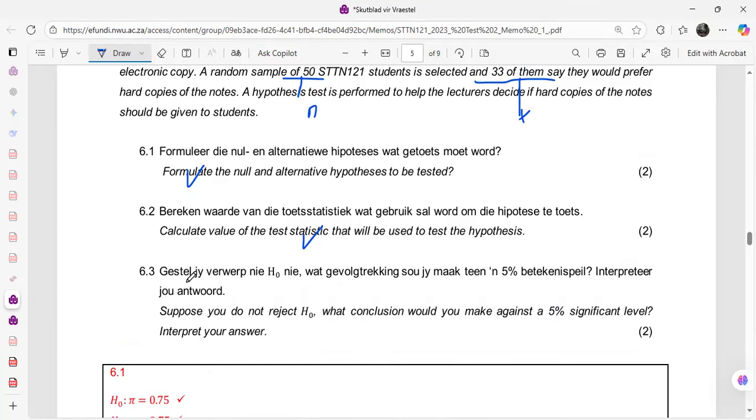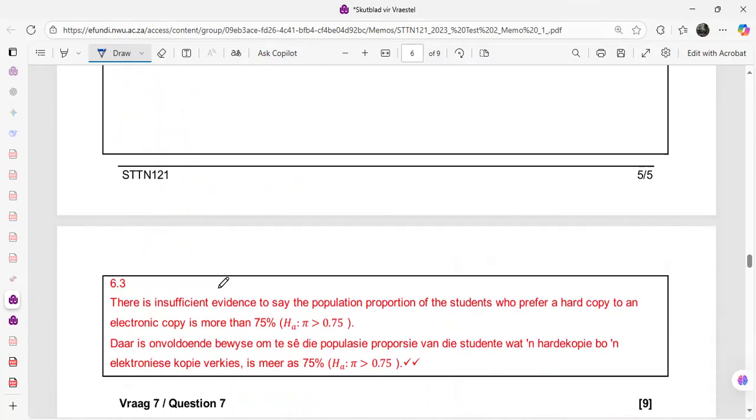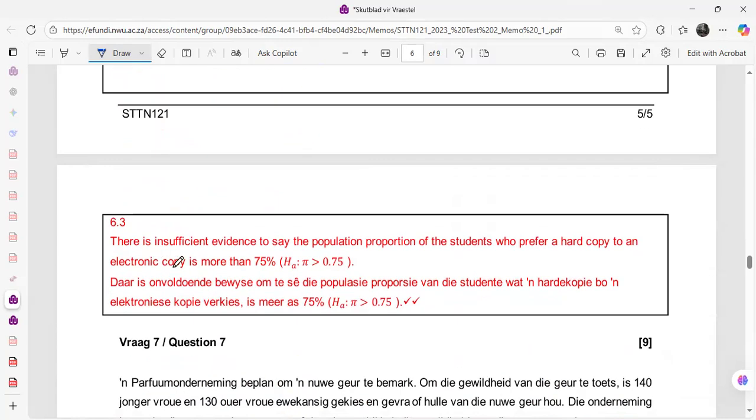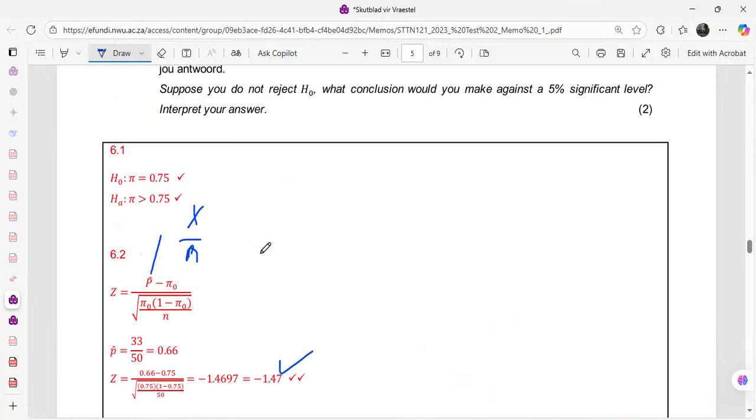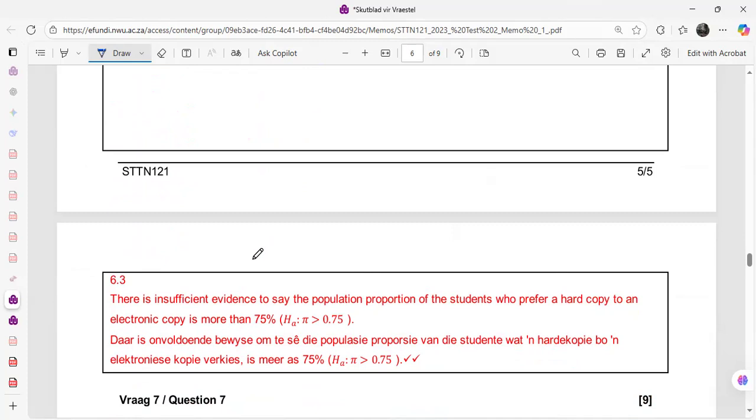6.3. Suppose you do not reject H0, what conclusion will you make at a 5% significance level? Now, remember, they said you do not reject, so there is insufficient evidence to say that the population proportion of those students who prefer a hard copy to an electronic copy is more than 75%.